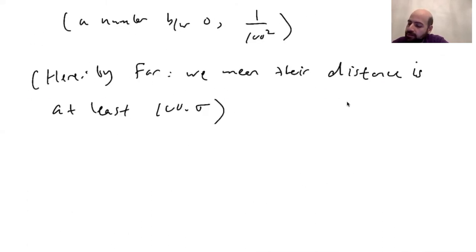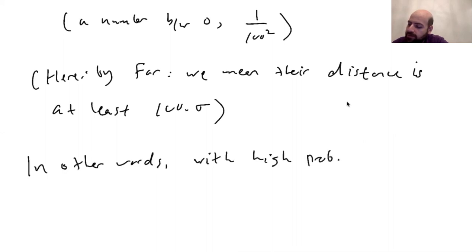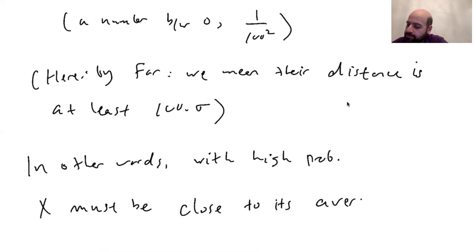So in other words, with high probability, X must be close to its average. How high and how close depend on each other.